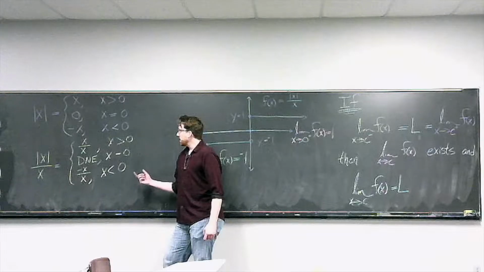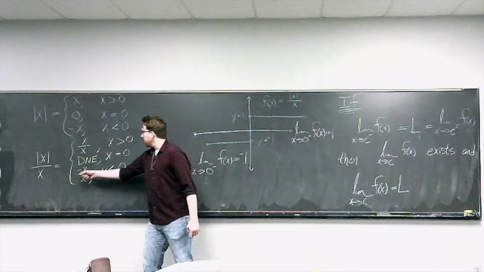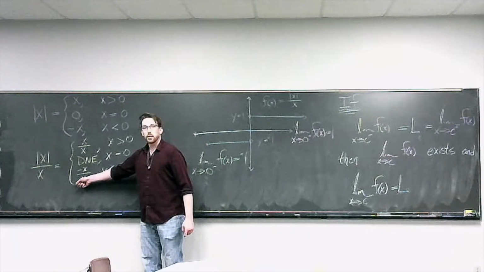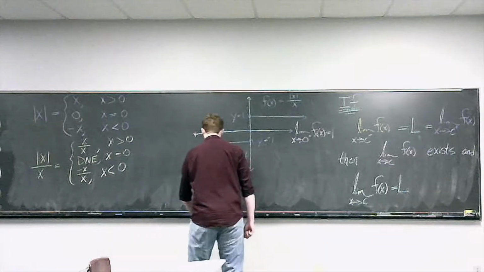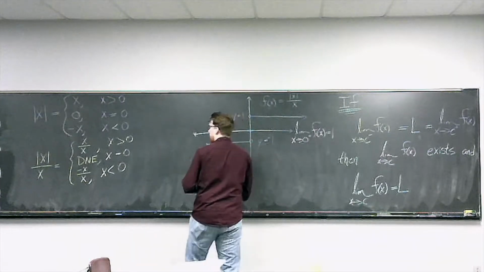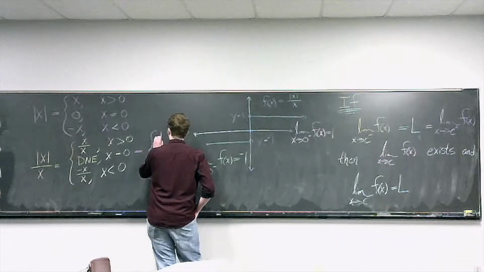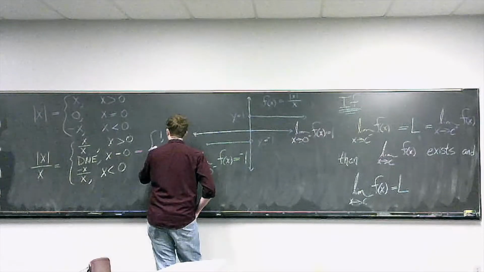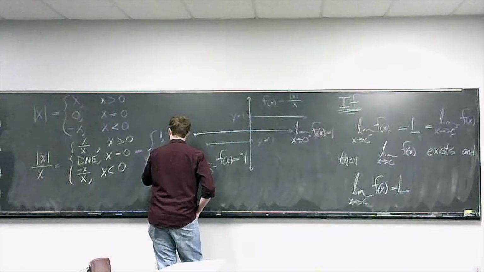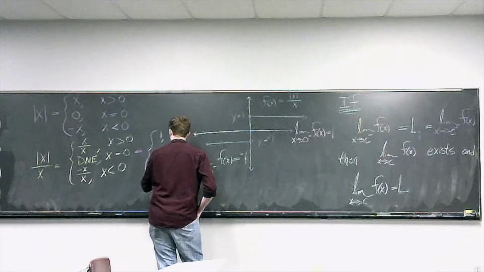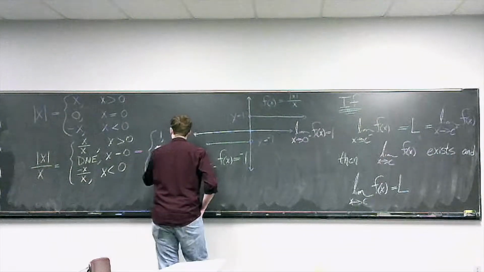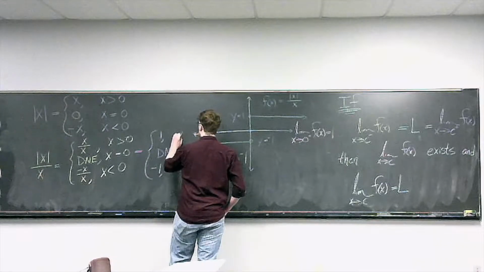And whenever x is less than 0, that's going to be like negative x over x. Well, that just means then this thing is going to come out to be 1, does not exist, or negative 1 accordingly, right?